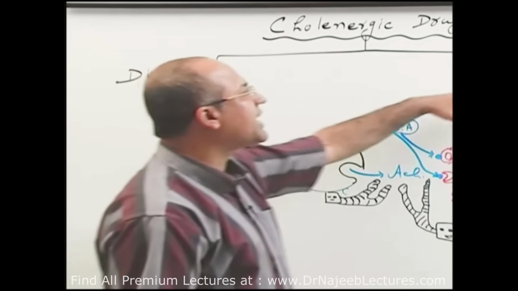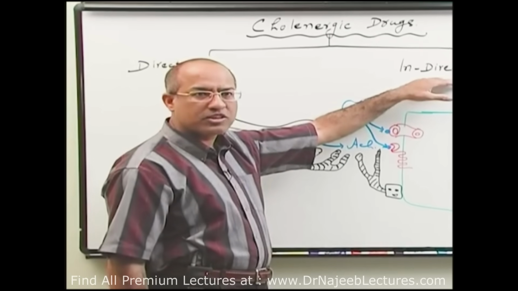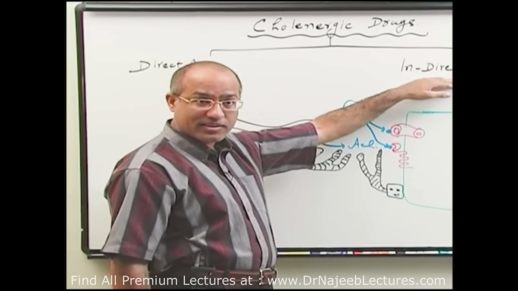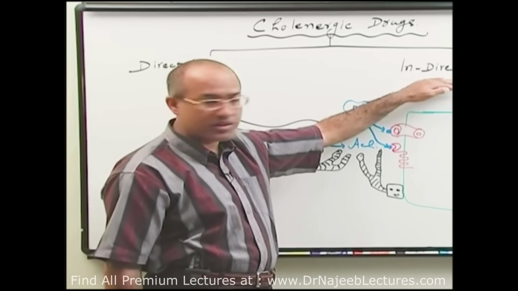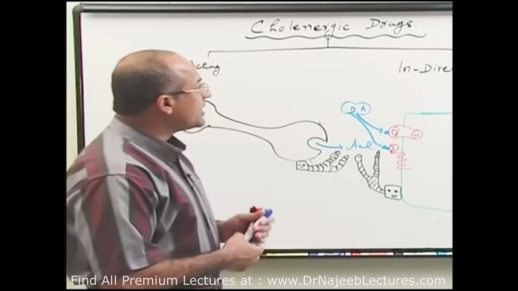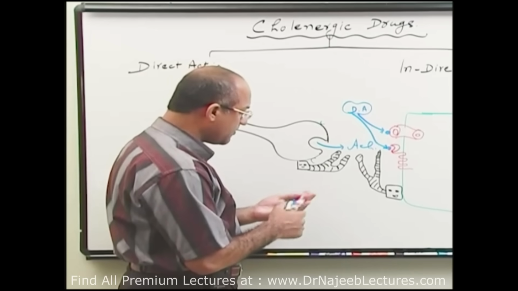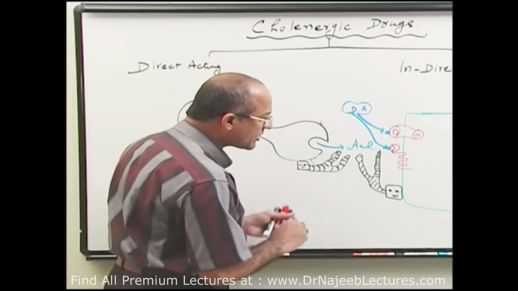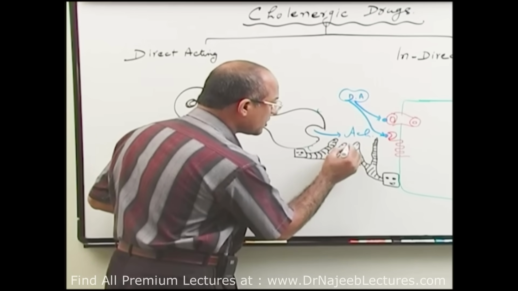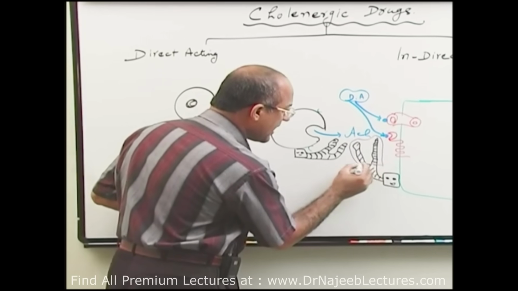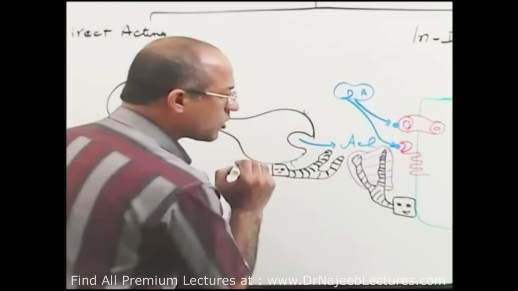Then we talk about indirect-acting cholinergic drugs. Indirect-acting cholinergic drugs must be increasing the cholinergic activity in our body, but not by directly acting on the receptors. Indirect cholinergic drugs basically inhibit the action of acetylcholinesterase. Let us suppose there is a drug which can bind here and inactivate the function of acetylcholinesterase.